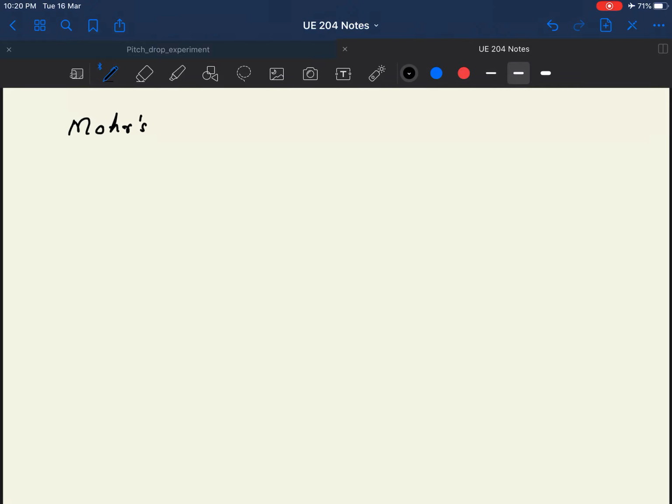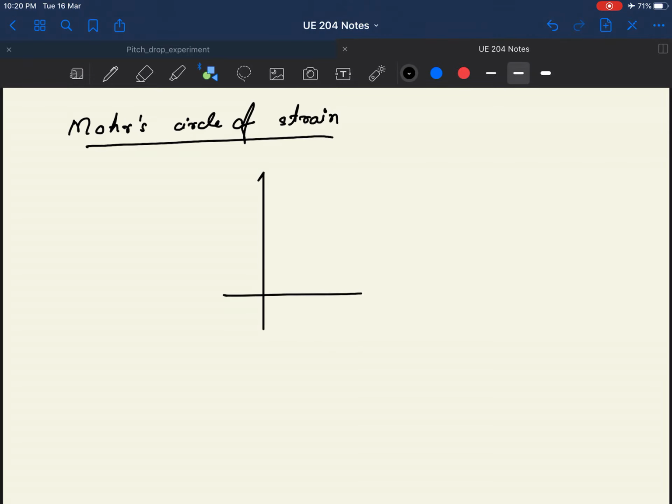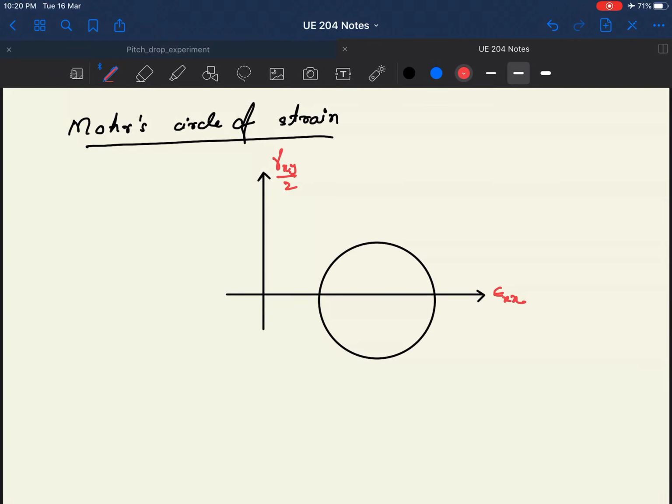So you have a Mohr circle of strain, and the Mohr circle of strain is the same idea, the only difference being that this axis is now strain.